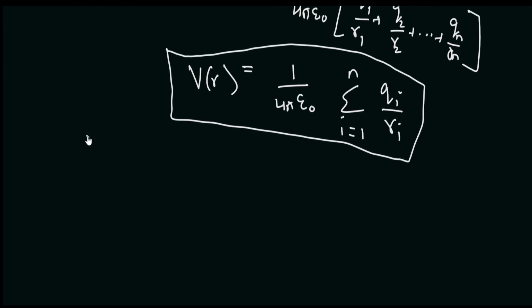Now, if we had a continuous source of charge, let's say the source charges were distributed in a volume like this, and we wanted to find the potential at some point P, we could do the same thing.